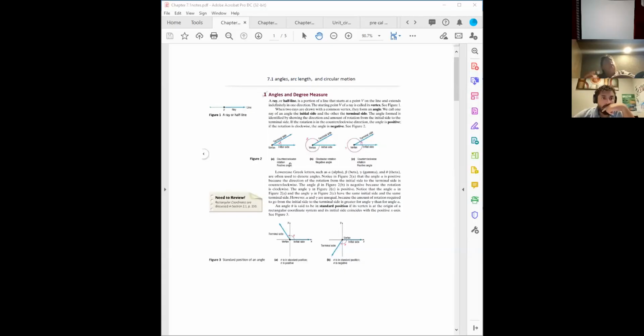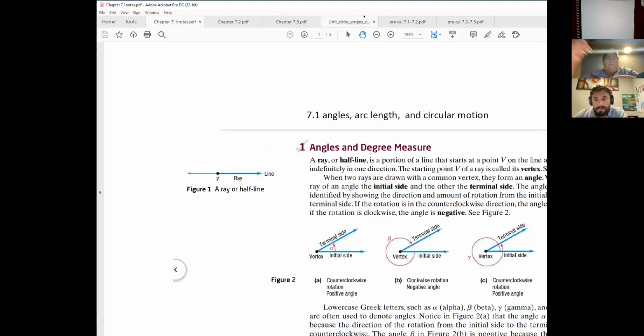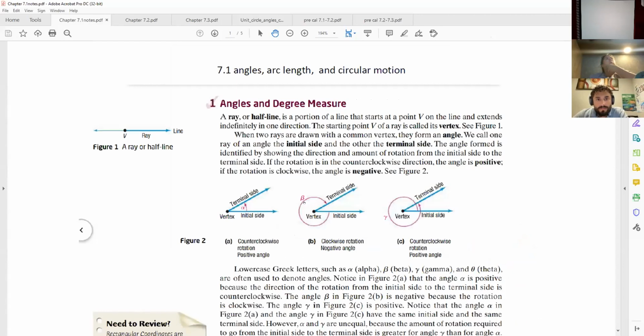Okay, here it is. So let me just show you real quick before we start. You guys see the PDF? Yes, I see it. Okay, there it goes.